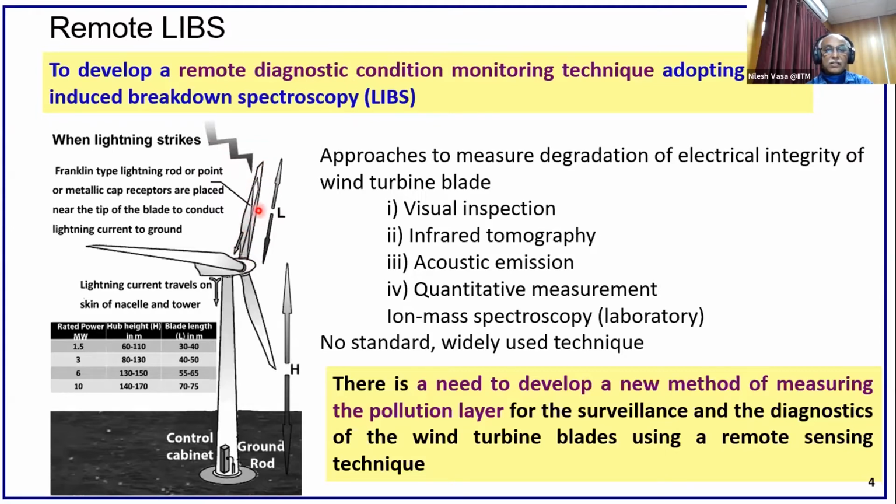We do not expect lightning to attach to it, being an insulator, right? However, with time, particularly in the coastal region, when some pollutant layers such as salt get deposited, we end up with a deteriorating insulation characteristic, and the electrical integrity of this material gets degraded, and hence the lightning can attach to this wind turbine blade, damaging it to the extent that it gets broken, and then the replacement becomes so difficult.